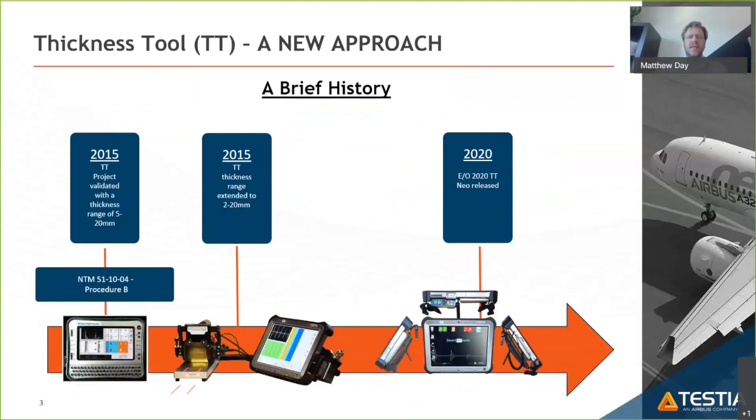So a brief history into the thickness tool. A new approach. 2015, the thickness tool, abbreviated here to TT, was validated with a thickness range of 5 to 20 millimeters, and it first appeared in the NTM 511004 procedure B. By the end of the year in 2015, we had improved the thickness tool range, extending it down to 2 millimeters.